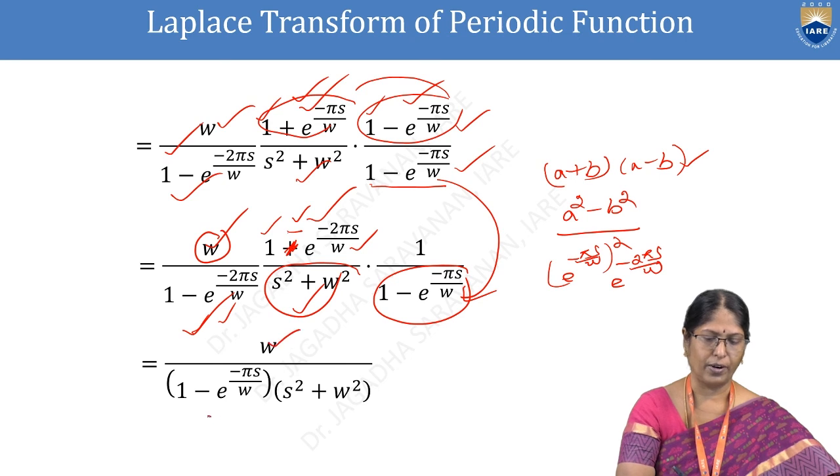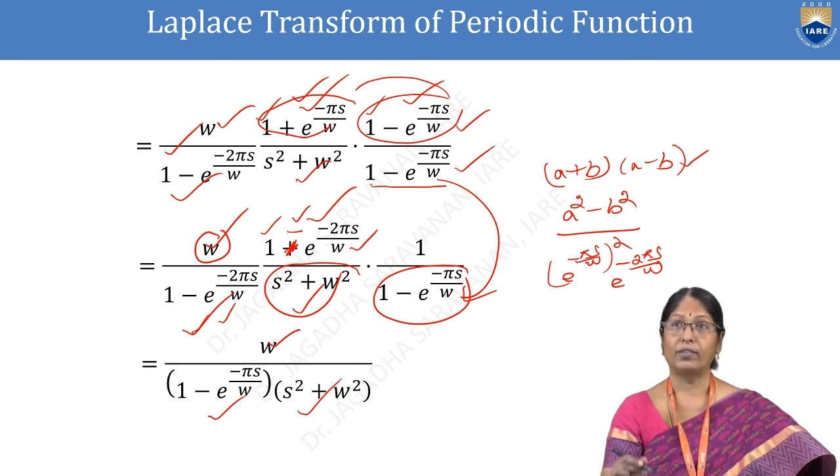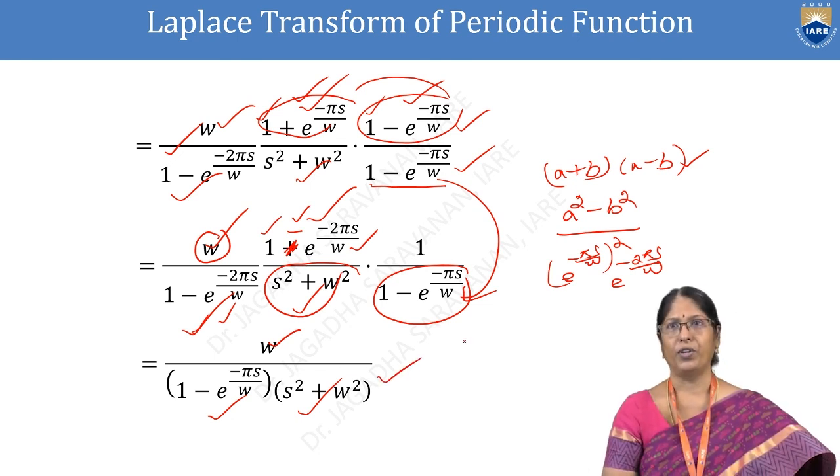We can see it very clearly. So we completed the problem for this periodic function, the sine trigonometric function whose period is 2 pi. We applied the Laplace transform, and we reached this final result.